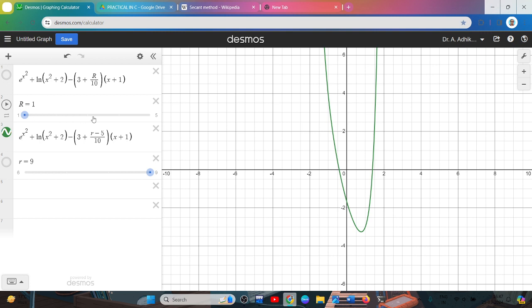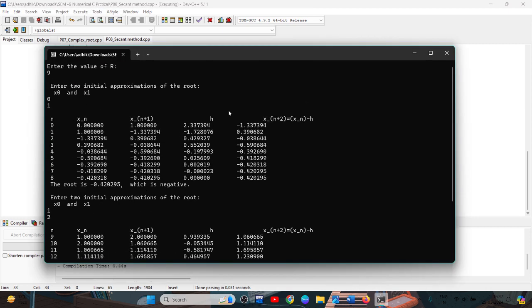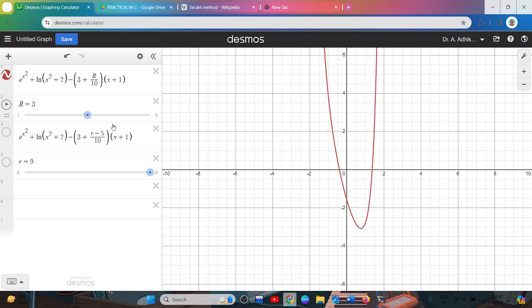The red curve is for this case. In this problem r is equal to 9, so here we run r equal to 9. This is the green curve.